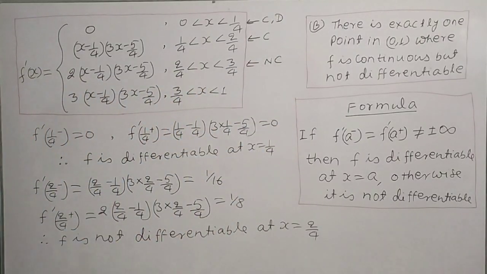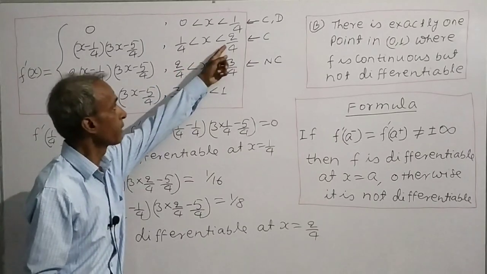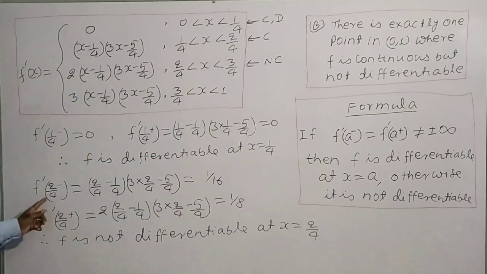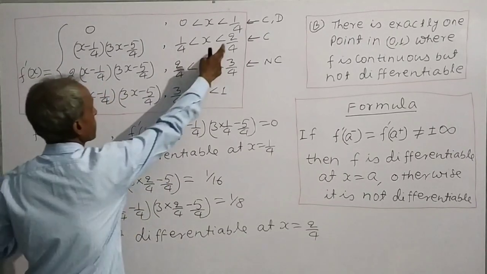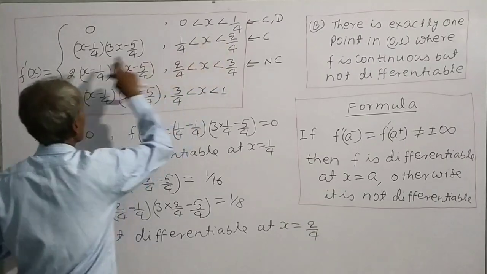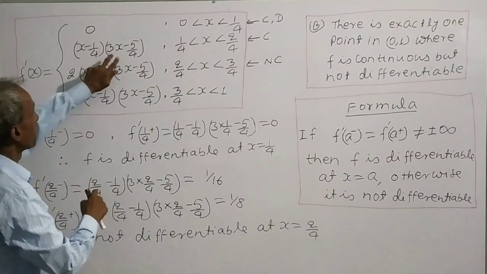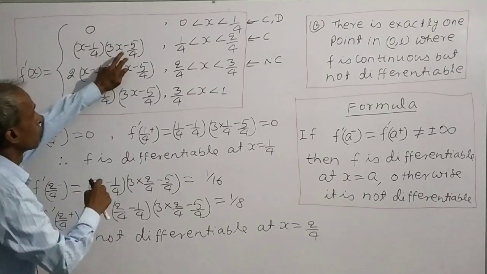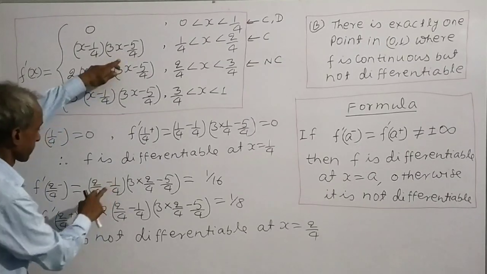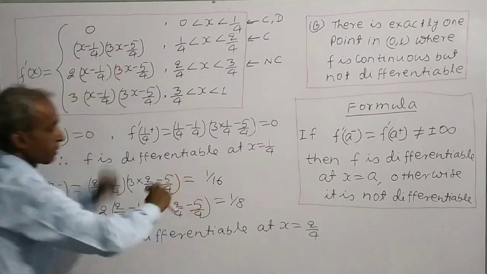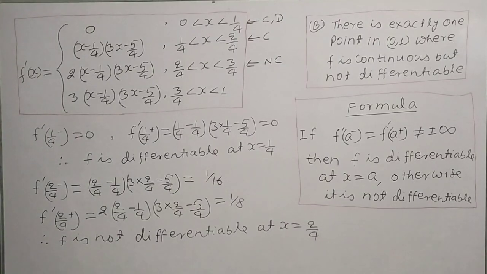Now we check differentiability at 2/4. Left hand derivative, x less than 2/4. The derivative can be found by putting 2/4 in place of x. We get 1/16.